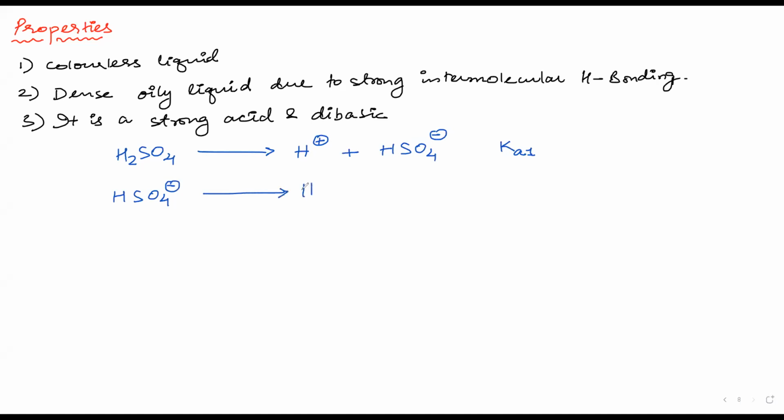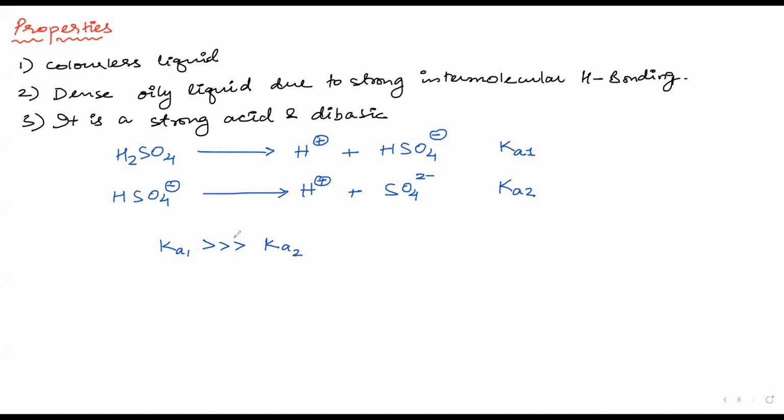This will give you H positive plus SO4 2 negative, because there was 1 negative and we removed one more positive charge. This will be known as the second dissociation constant, Ka2. Now, I am saying that Ka1 is very, very high compared to Ka2.